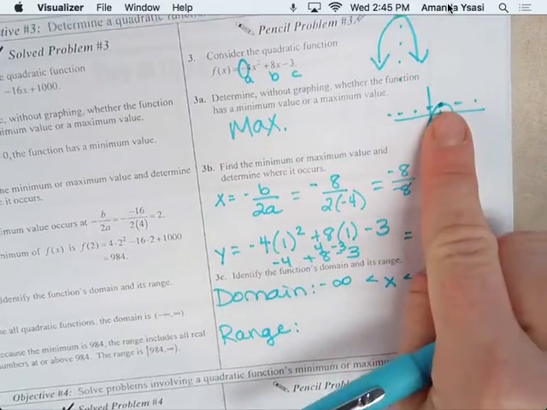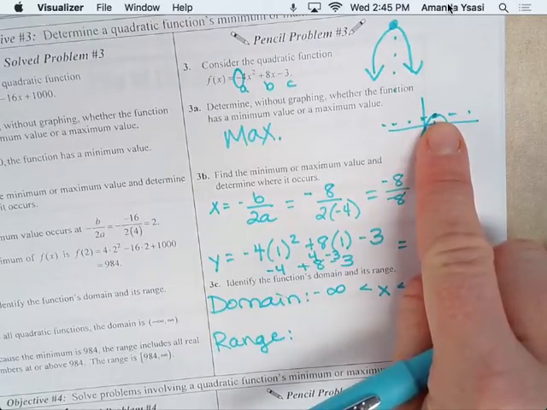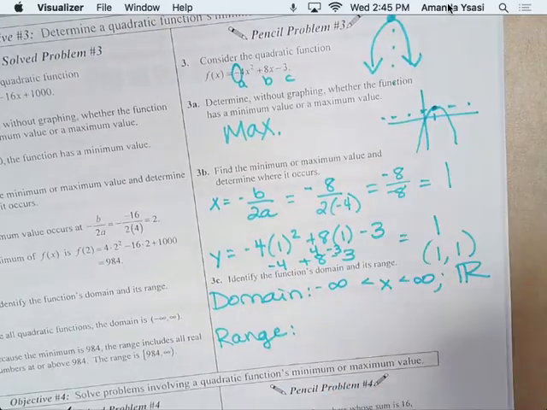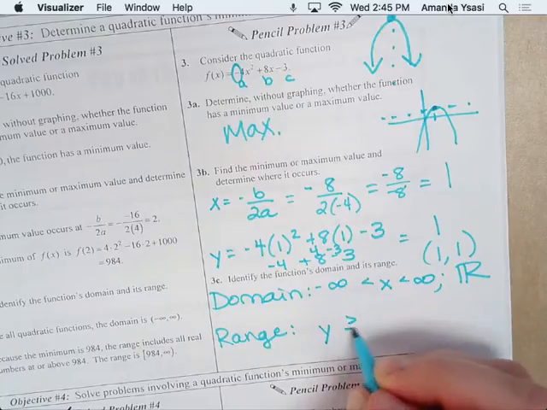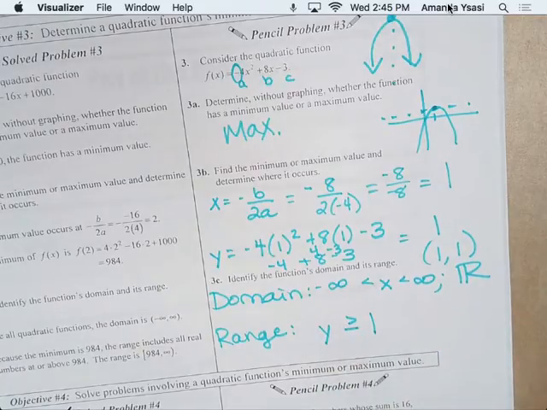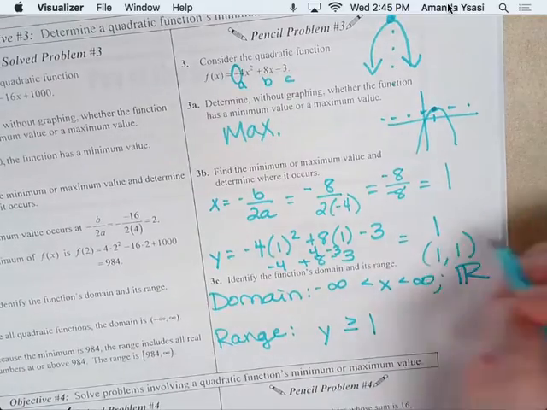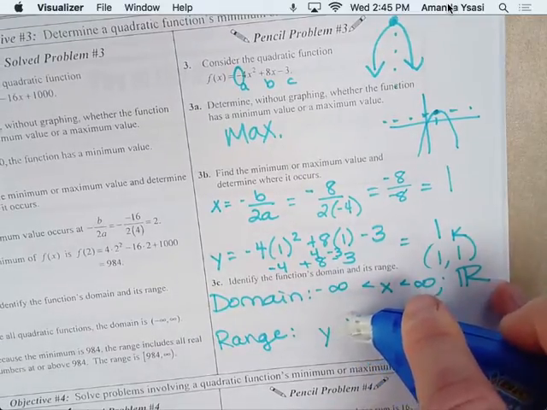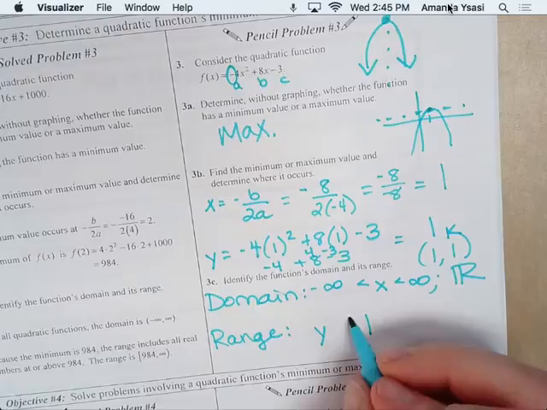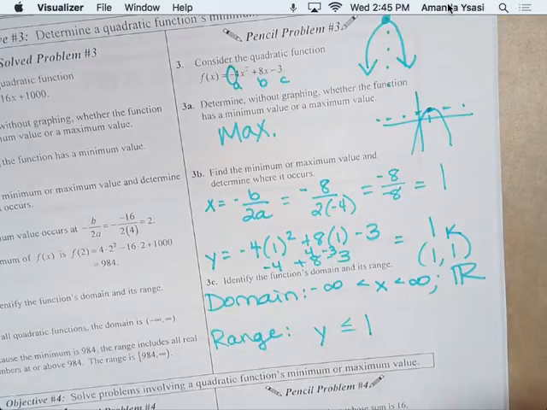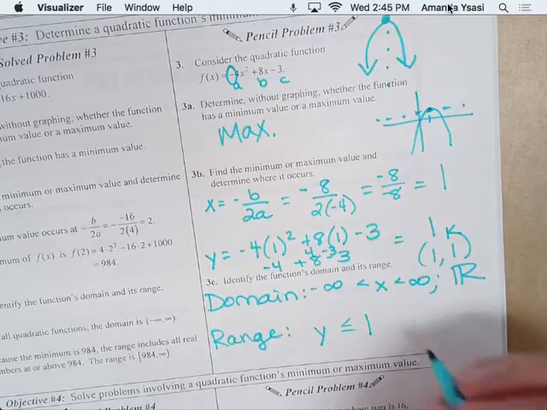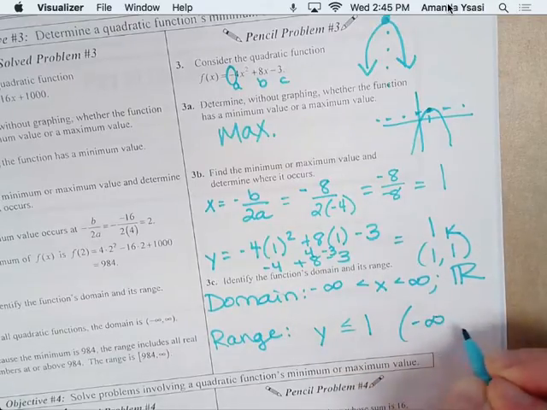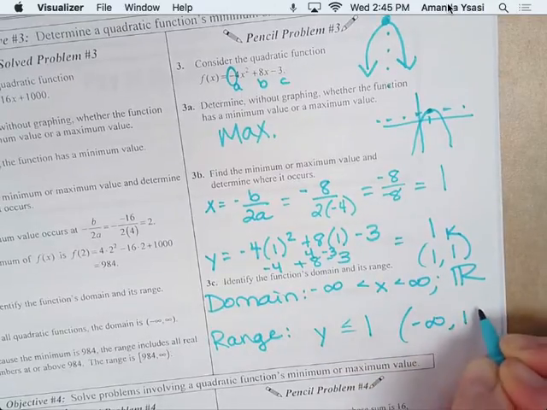So the highest the y values can be is 1. So it's y is greater than or equal to 1, which was our k, remember? Thank you. Less than or equal to, because it has to be lower. Good catch. We can also write it as negative infinity to 1.